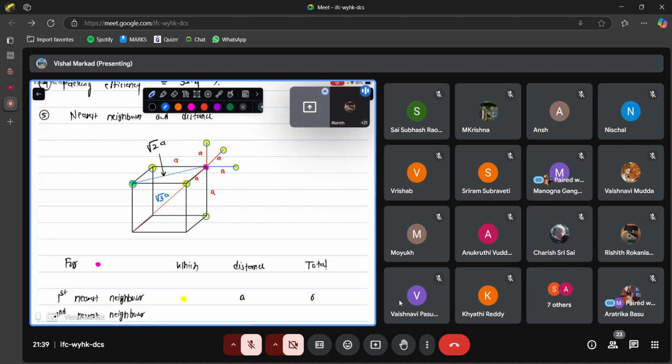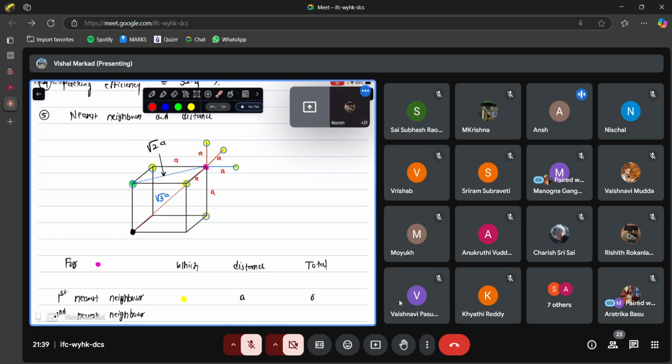Now you tell me which value. Let's suppose we'll put one more color here, this black one. Now for this pink one, which is the most nearer? For this pink atom, which atom is very near to it?